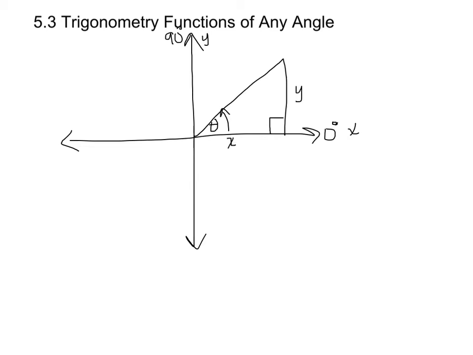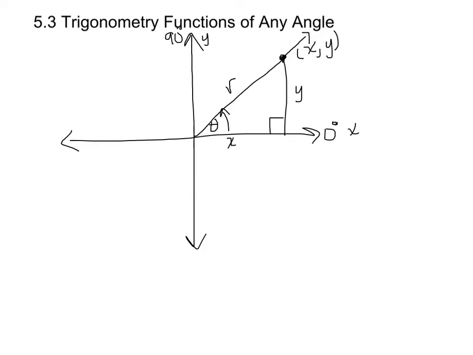This is y. And we call our hypotenuse, which is the same thing as the radius of our circle, r. And this point that's on the terminal side, remember terminal means end, is x comma y. And so that's if theta lies in quadrant 1.